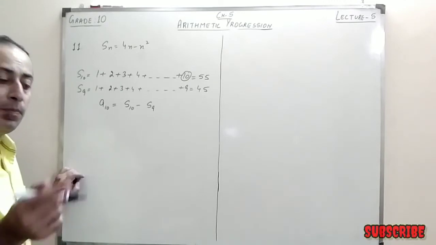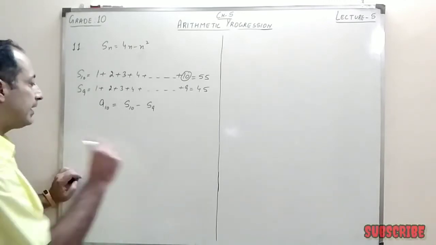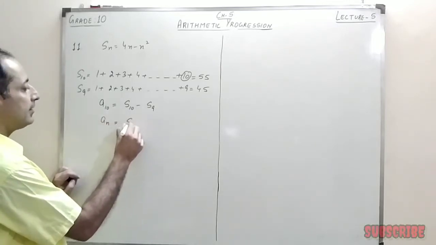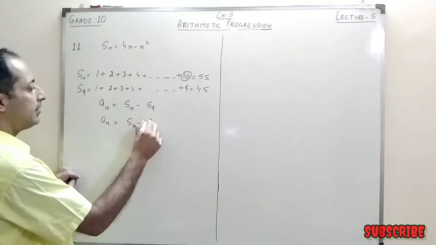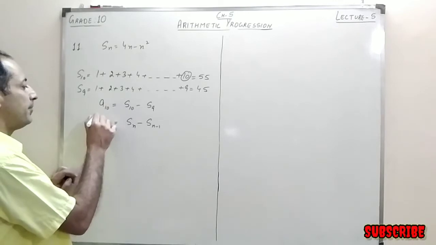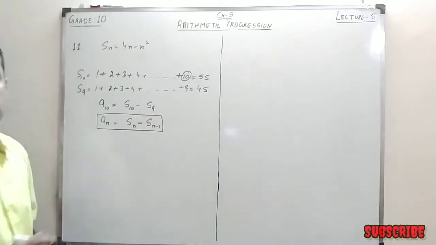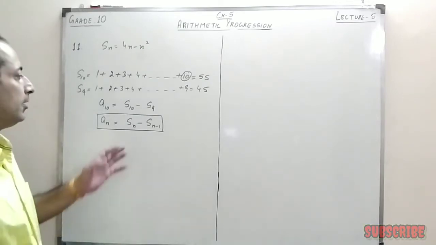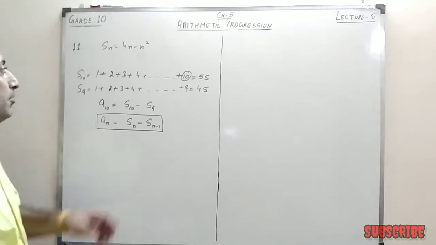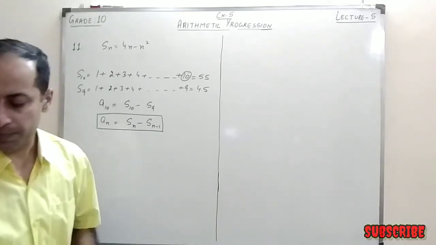So, generalizing this, if I have to find the nth term, I will write it as Sn minus Sn minus 1. This is one of the relations which we'll use in this question and which was not discussed earlier because it was left for this question. So we will be using this relation to find the different terms in this question.